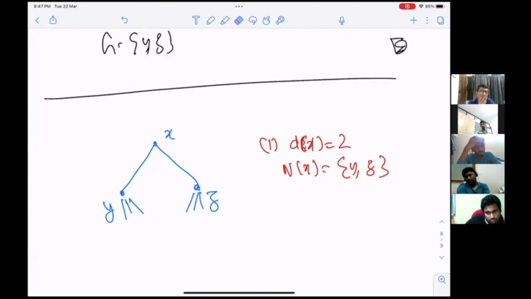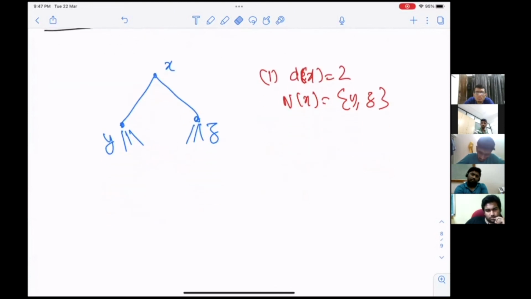Remove X and add the edge YZ. So what will happen? G comma K is a yes instance if and only if G prime comma K is a yes instance. Okay, so a proposal. Sally, right?